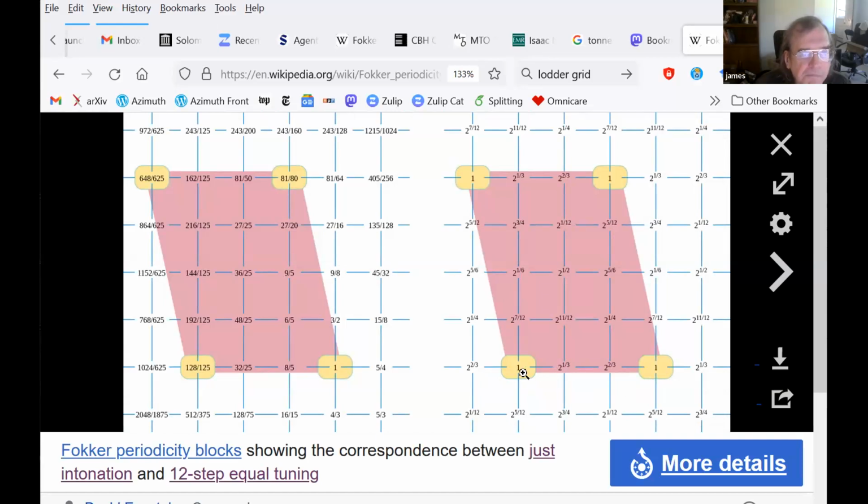Sure. I had silly preference reasons for picking minor third and major third. They're showing it in equal temperament here, and for some reason they're going backwards from how people normally do it.